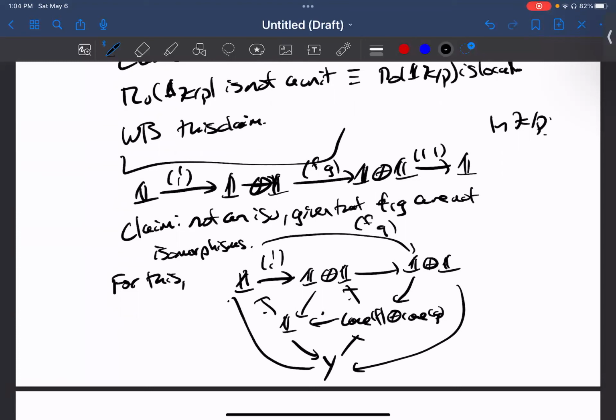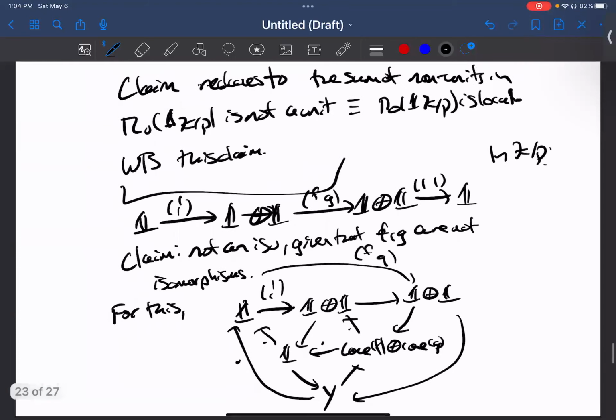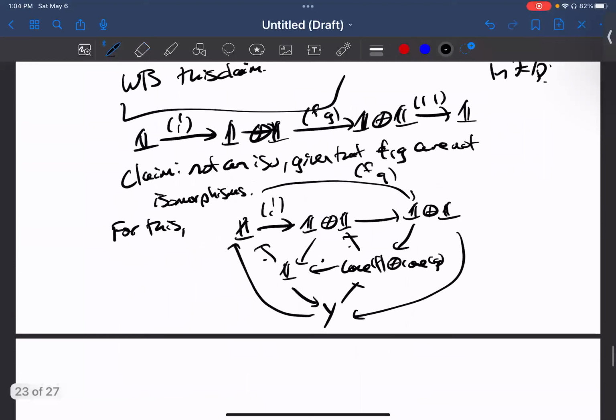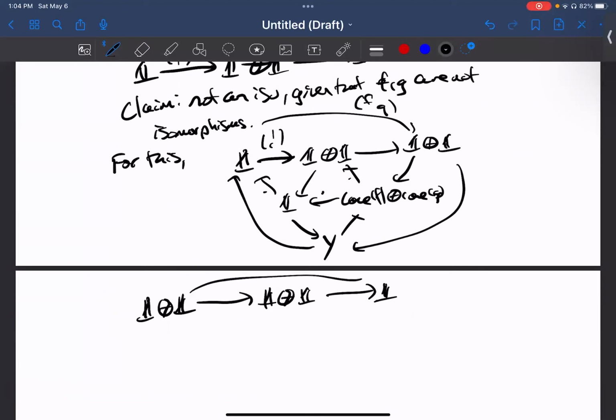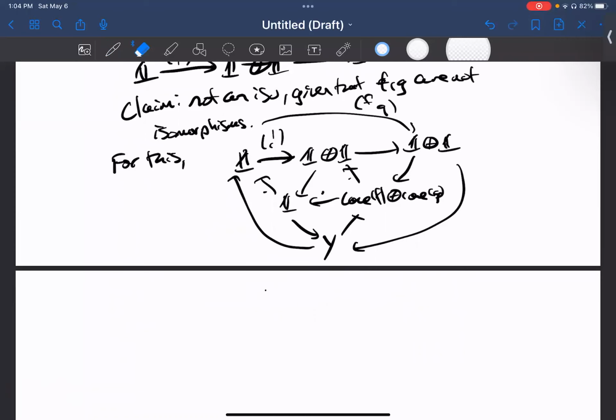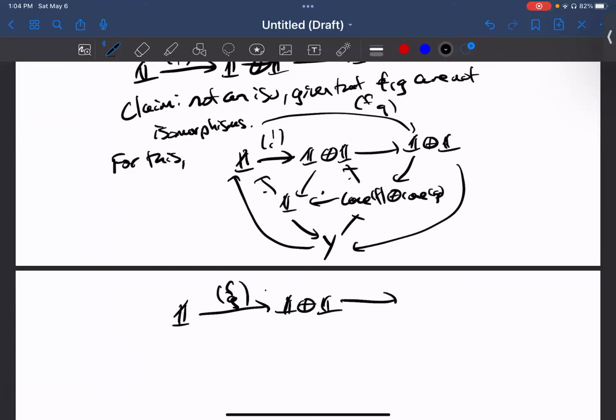Call this Y. And we also have on the other side something like this. Actually, let's not do it this way, let's do it the other way. We're just gonna go here. We're gonna go in by FG. Then we're gonna map back to 1. The cone here is just going to be a shift of 1.